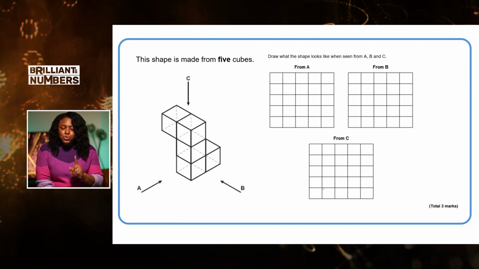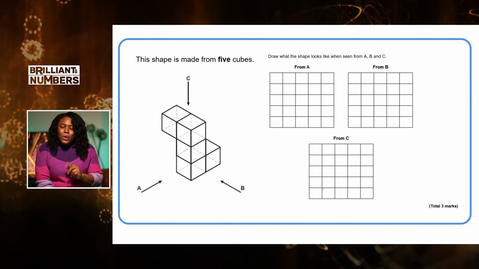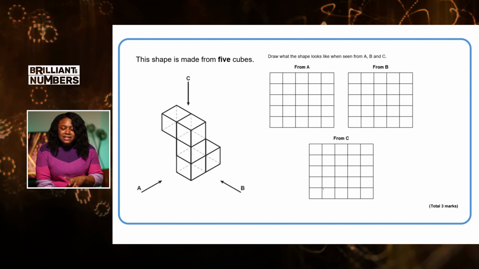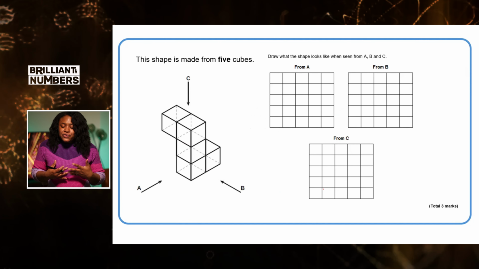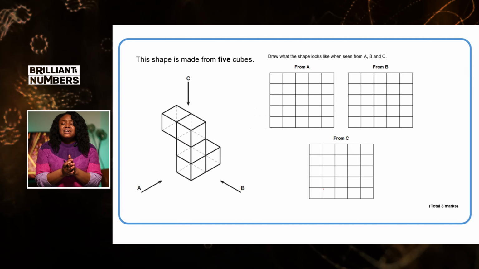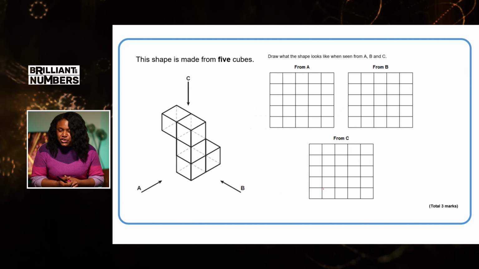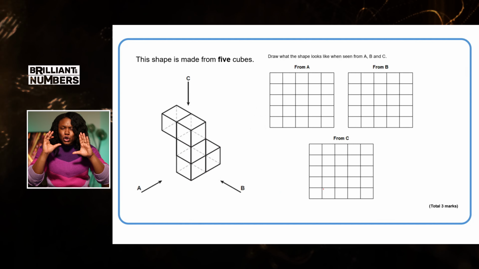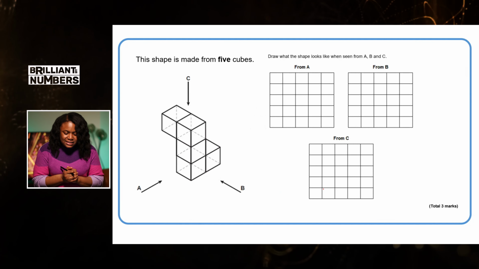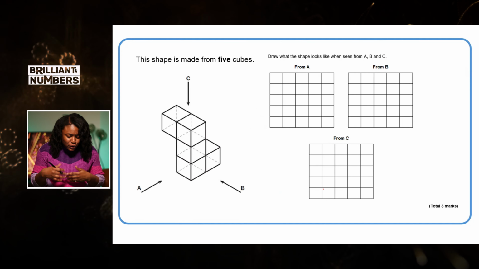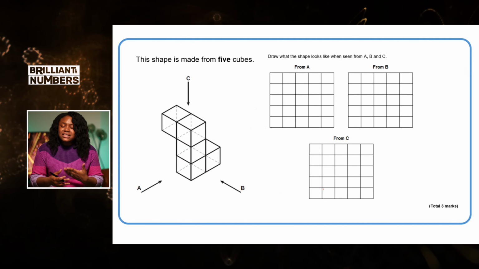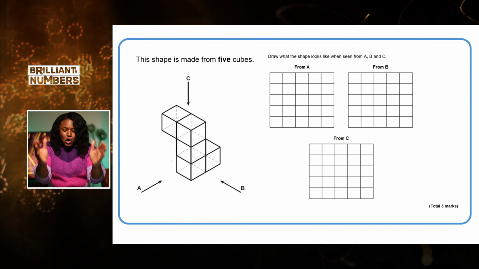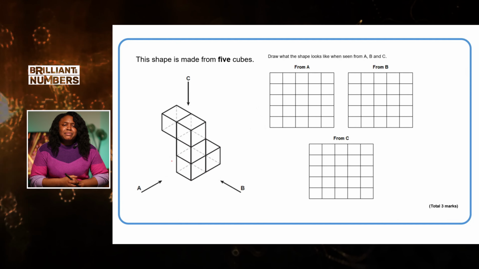We're asked to draw what the shape looks like when we see it from A, from B, and from C. So what you've got to do here is to imagine yourself standing in these positions, and you're going to draw exactly what you see when you look from that position that you're standing. So we're going to go ahead and we're going to look at A. So imagine yourself standing here at A. If you look dead on, what exactly is the shape that you see?